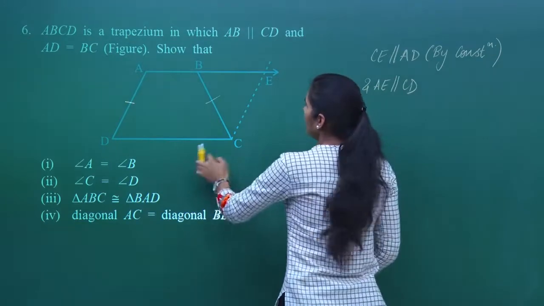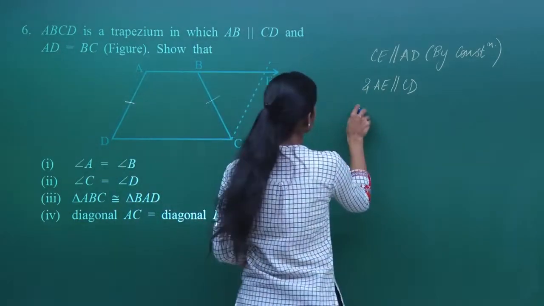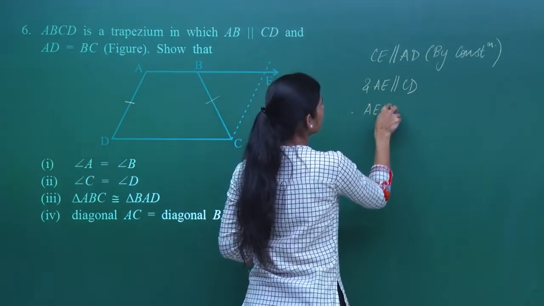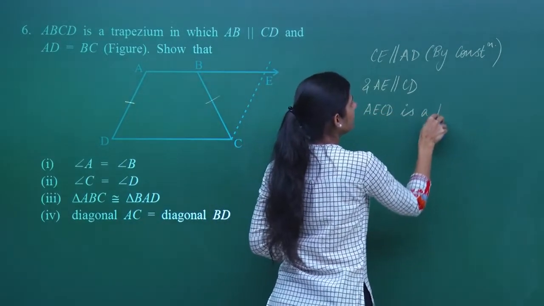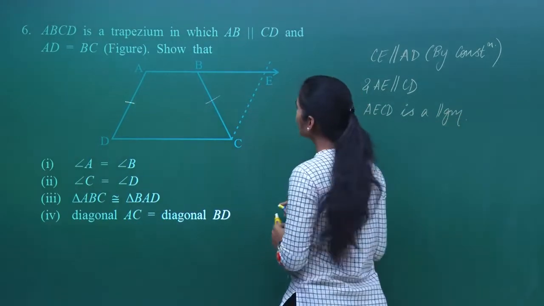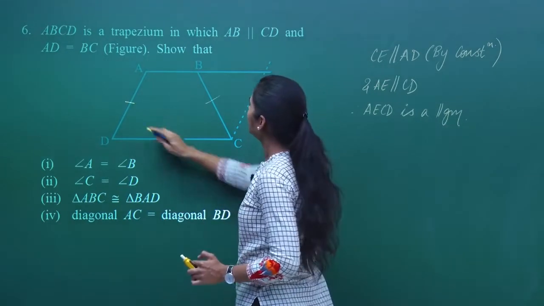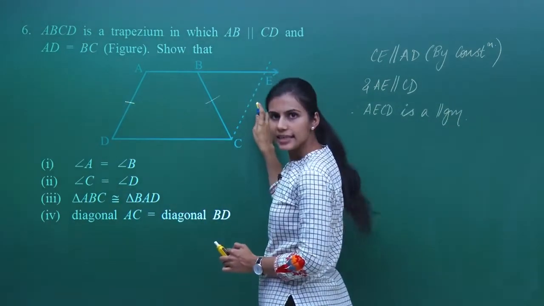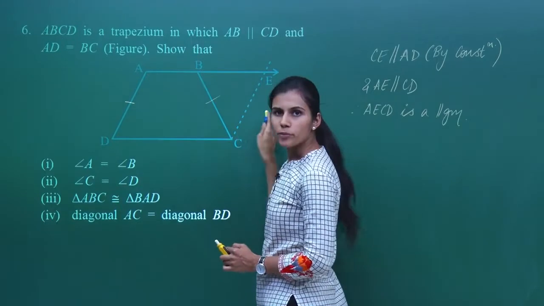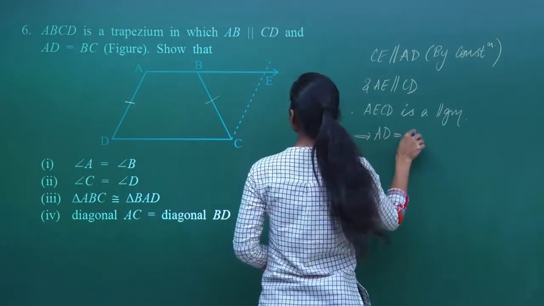Fine. So here you can see this complete figure AECD is a parallelogram because opposite sides are parallel. So it's a parallelogram. Now the fact that it's a parallelogram makes me do what? See, AD is same as CE because in a parallelogram opposite sides are of equal measure. So you get AD is same as CE.